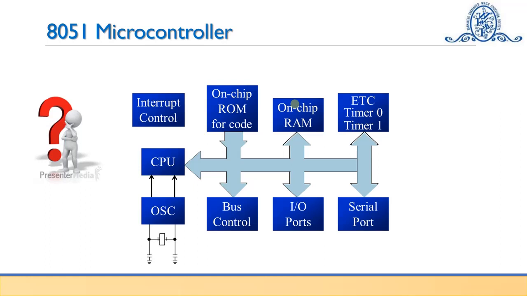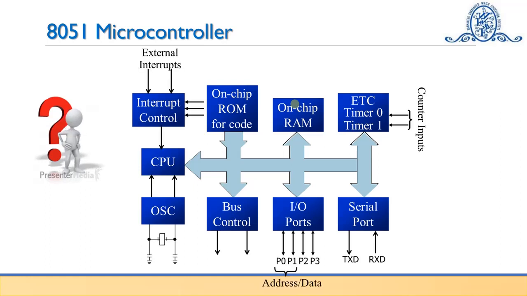So there is an interrupt control unit, and there are different external interrupts, internal interrupts, and then there are counter inputs. There are four I/O ports, P0, P1, P2, P3. Out of that, P0 and P2 are used either for address or data, and then the serial port has got two lines, TXD and RXD.